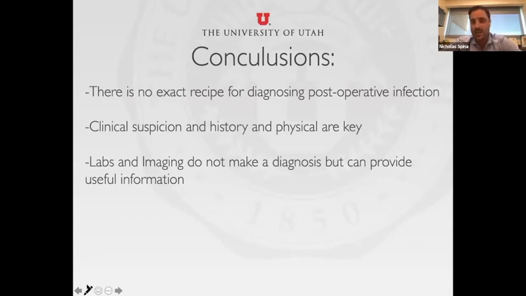I tend to use CRP just because I know it a little better. If CRP is borderline high, I may obtain a procalcitonin level just to provide another piece of information, but I don't know enough about it and haven't read specific cutoffs other than elevated or not elevated that I can hang my hat on clinically.